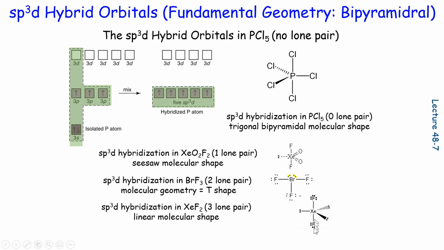The molecular shape is linear, even though all of the 4 molecules in this slide use sp3d hybridization. Depending on how many lone pairs are there on the central atom, they have different molecular geometry.